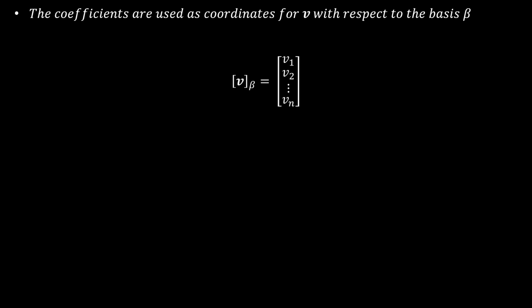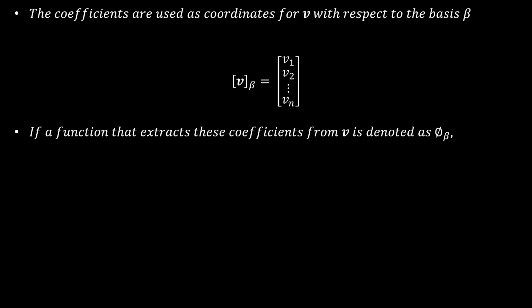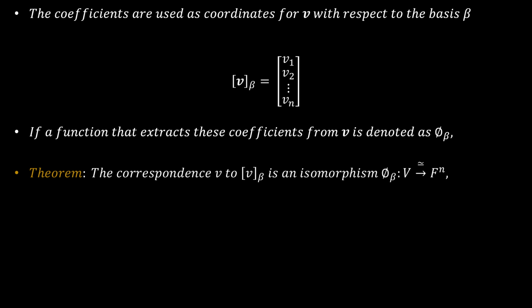And this is how we would express it. The important thing to know is that if a function extracts these coefficients from the vector v, denoted as phi beta, then the correspondence from the vector to the coefficients is an isomorphism that takes a vector from vector space V into an n-tuple that we see here.